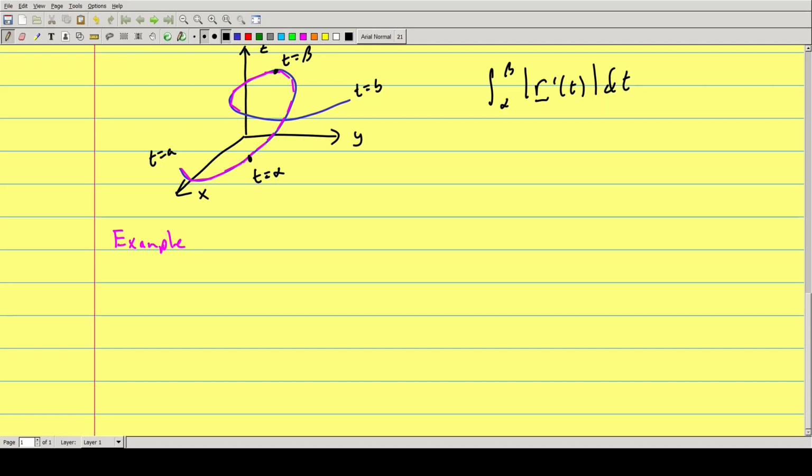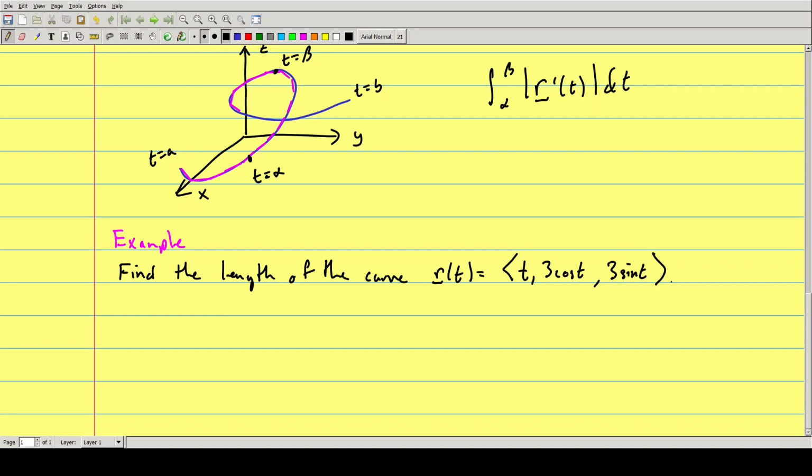So let's do an example. We want to find the length of the curve r of t equals the vector t, 3 cosine t, 3 sine t, from t equals negative 5 to 5.